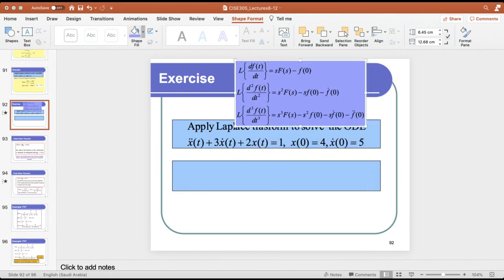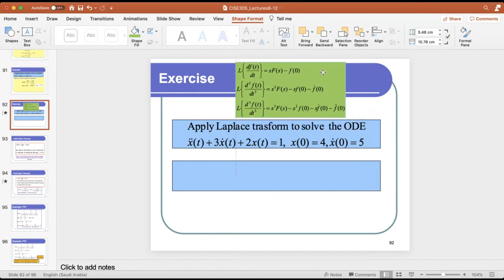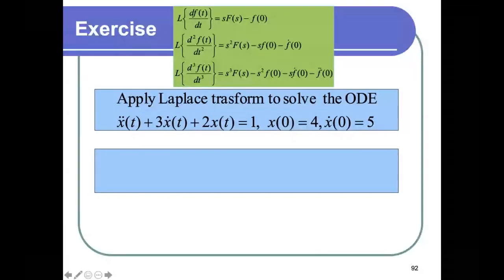I'll use some script. So these are the formulas you need. They want you to solve the following differential equation.